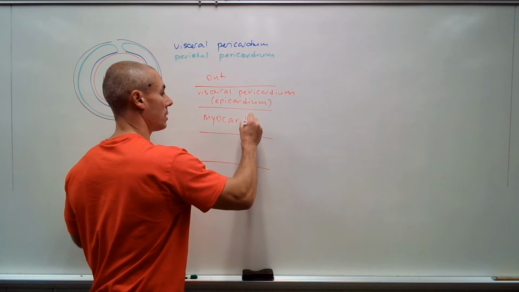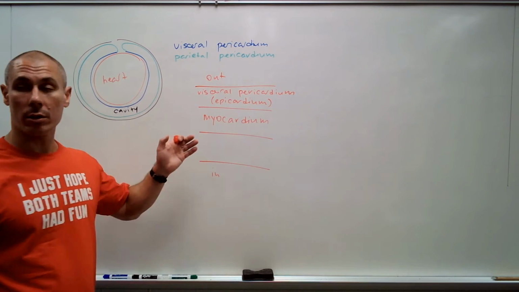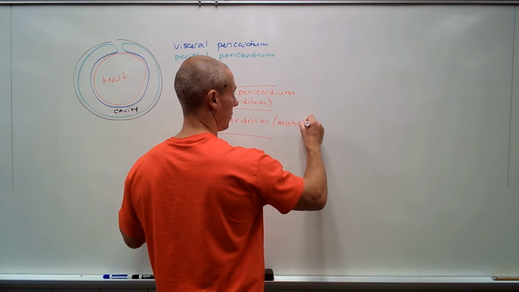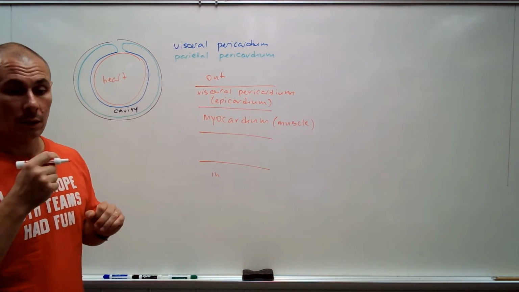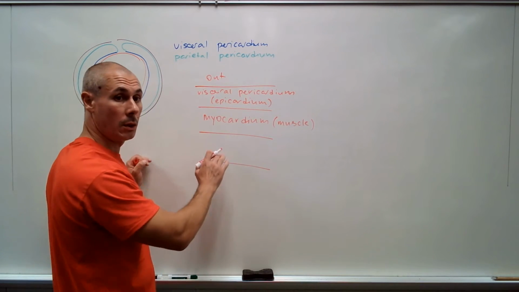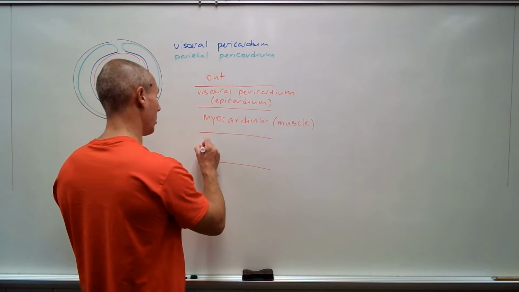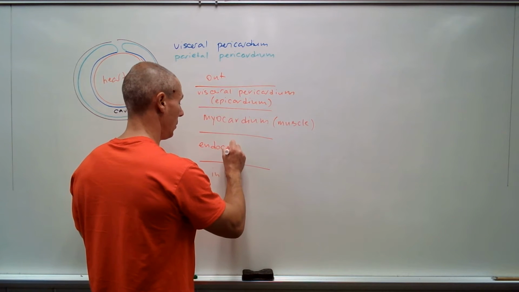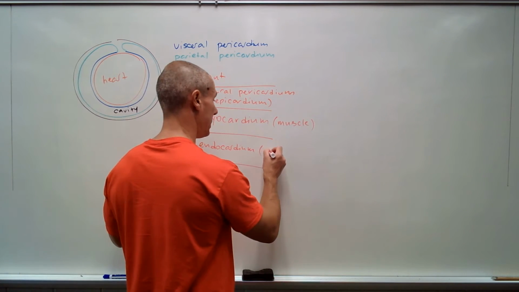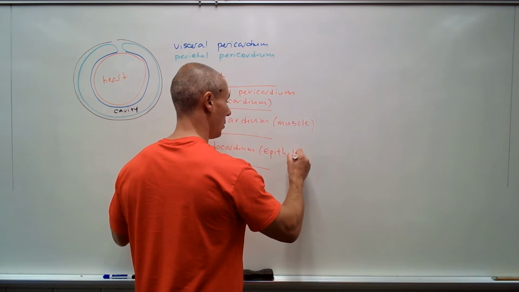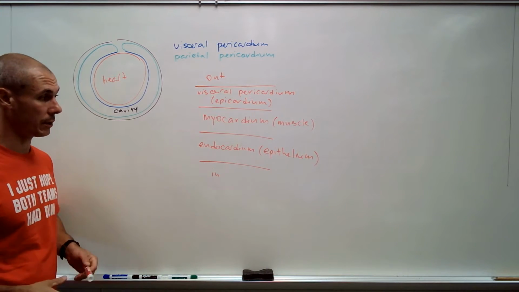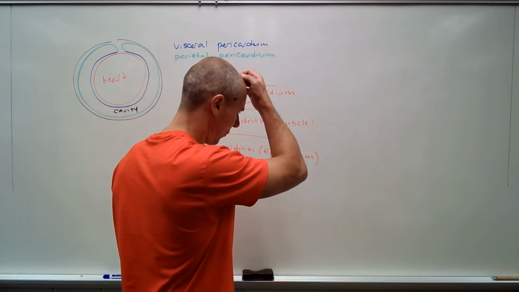The central layer is myocardium, which is cardiac muscle. And the deeper layer, the deepest one, right? It's endocardium. This is the simple squamous epithelium that covers the heart from the inside.